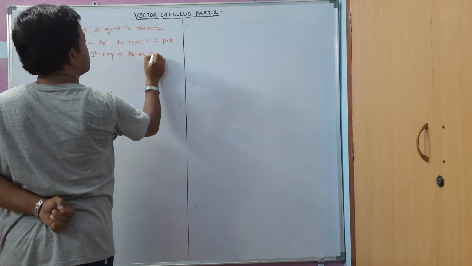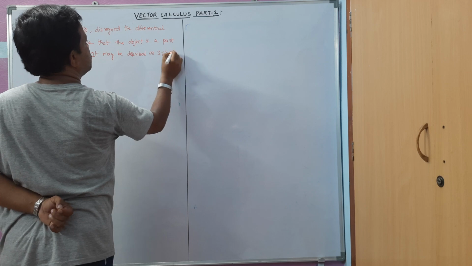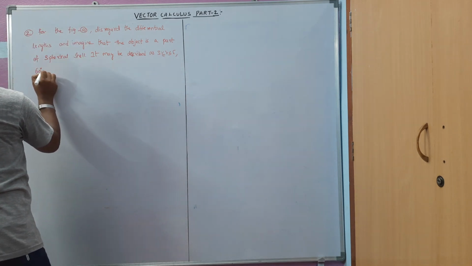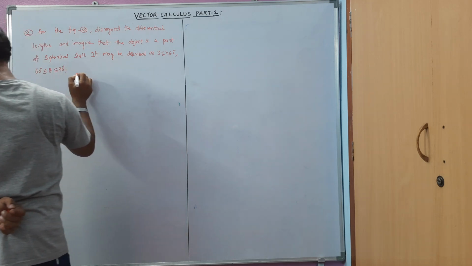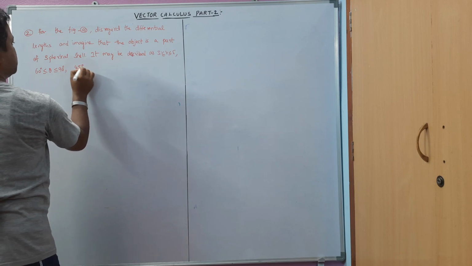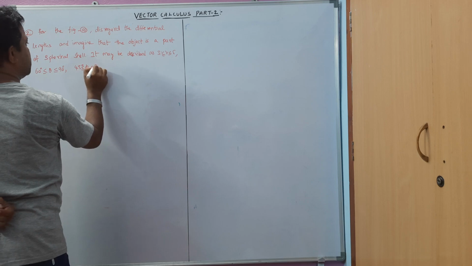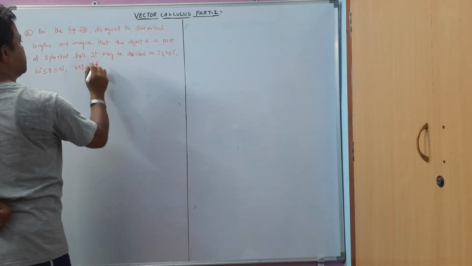as 3 less than or equal to r less than or equal to 6, 60 degrees less than or equal to theta less than or equal to 90 degrees, 45 degrees less than or equal to phi less than or equal to 90 degrees. It is 60, not 90.